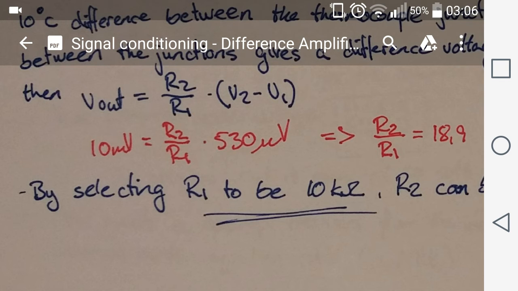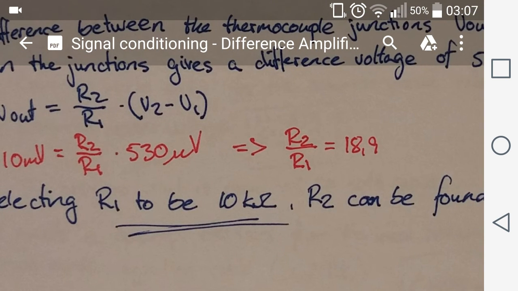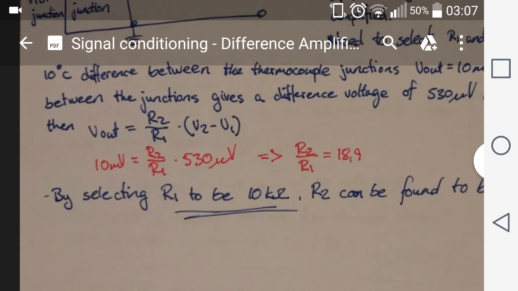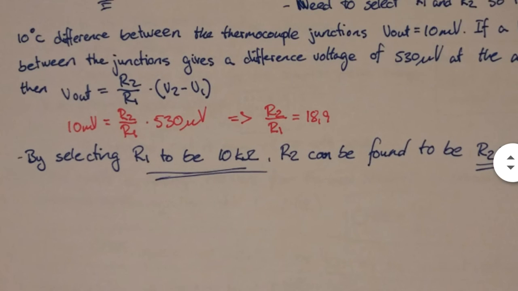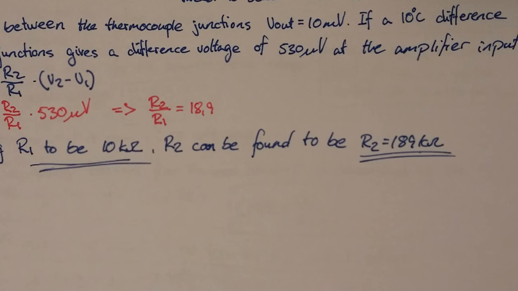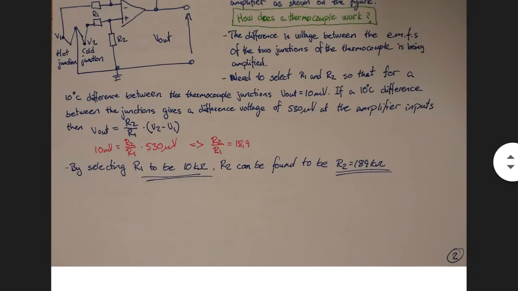If we fill into this equation and say 10 millivolt equals the ratio of R2 divided by R1 times these 530 microvolt, then we end up with the ratio of R2 divided by R1 being 18.9. And by selecting R1 to be 10 kilo ohms, we can find that R2 equals 189 kilo ohms.